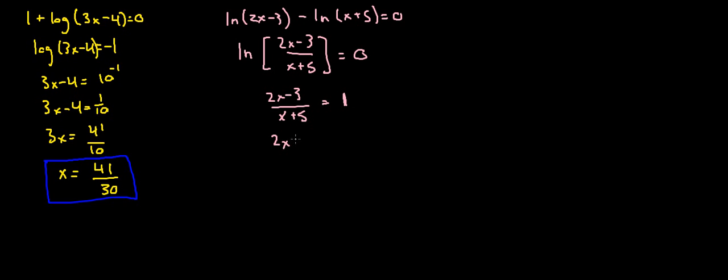I'll multiply the denominator over to the other side, and this will just give me x plus 5. Now I get all the x's on one side, constants to the other side. X is equal to 8. So that is that one. On to the next one.